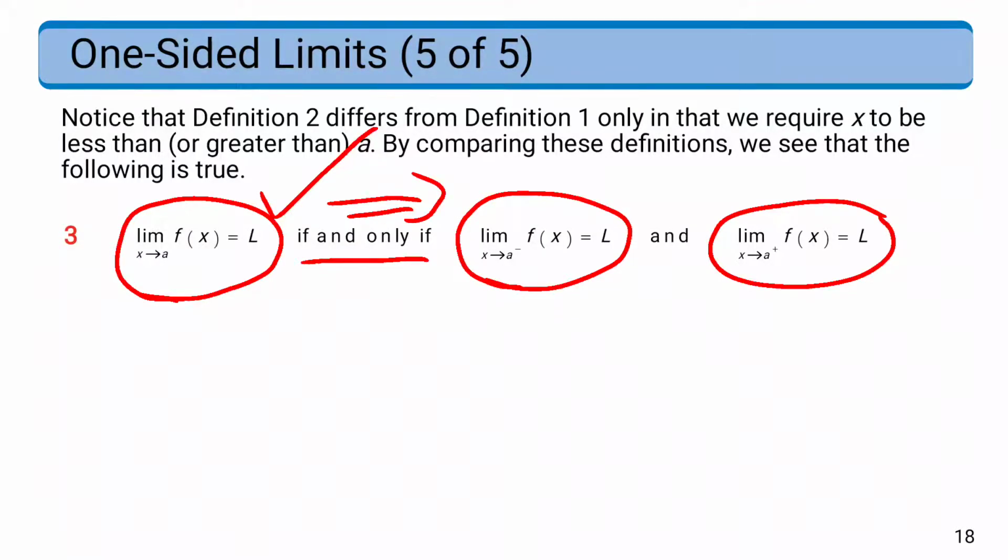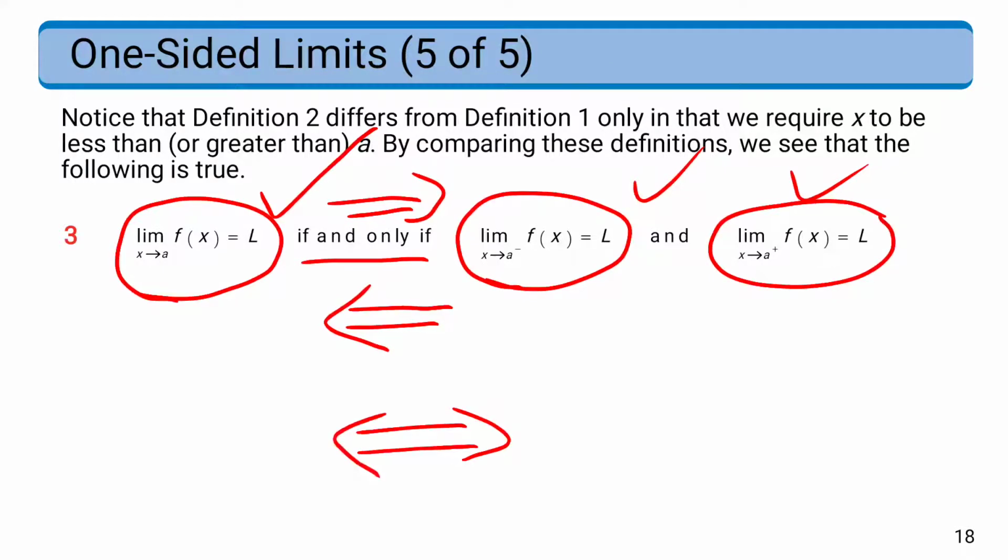And also if the side limits exist, both of them, it will imply that the limit exists. So that is a kind of double implication, which later we may use, instead of if and only if, we may use a double implication like this. So we are introducing them one by one as we go along.